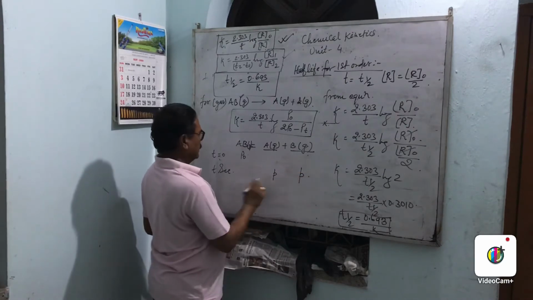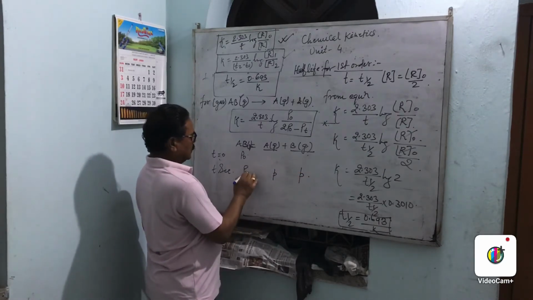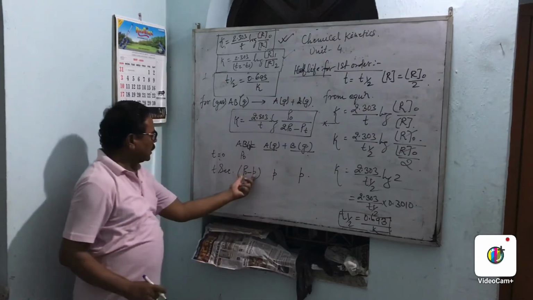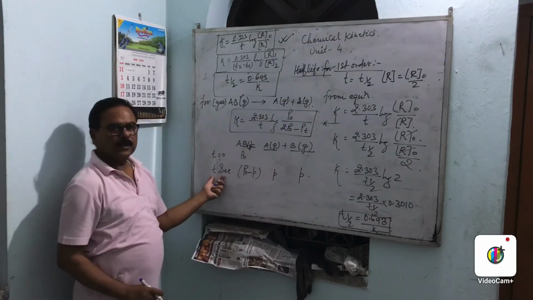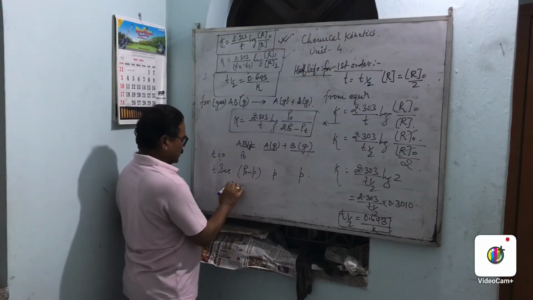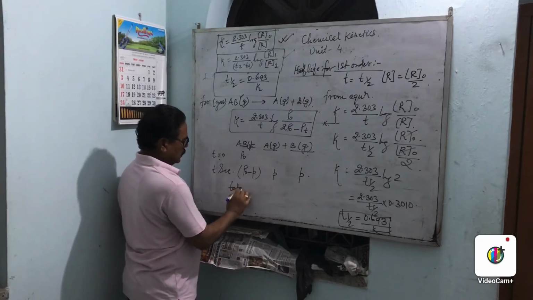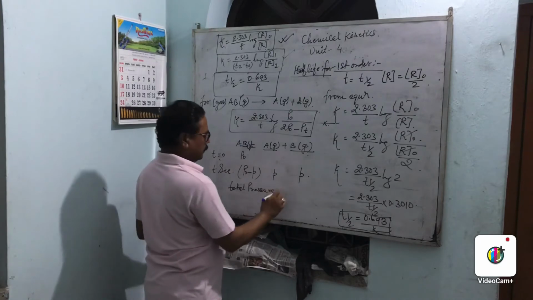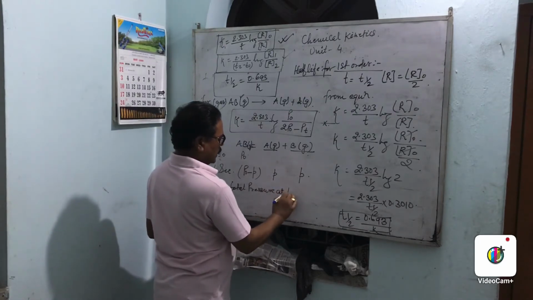Let it be P and P. So it will decrease from the pressure P. This is called the pressure at time T second, right? So the total pressure after time T second.